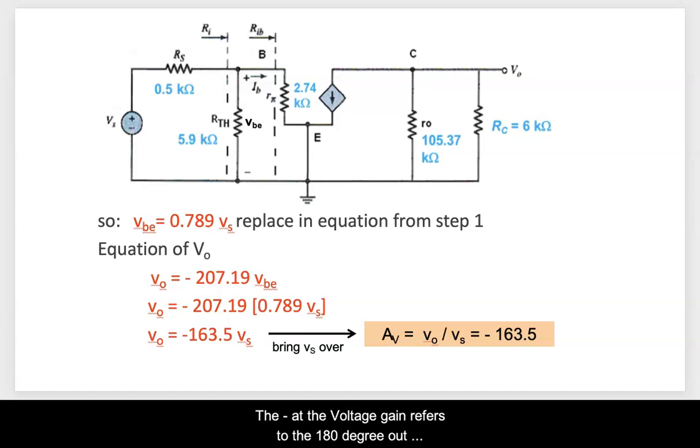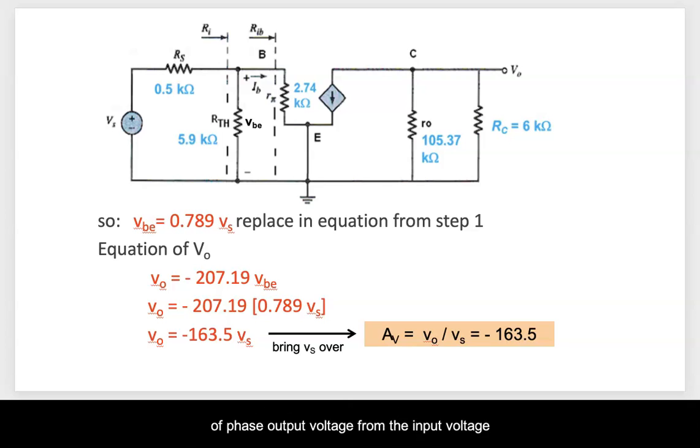The minus at the voltage gain refers to the 180 degrees out of phase output voltage from the input voltage.